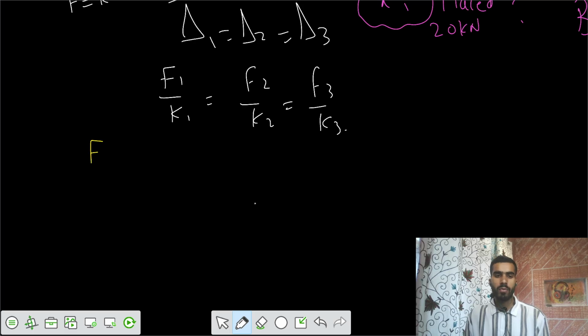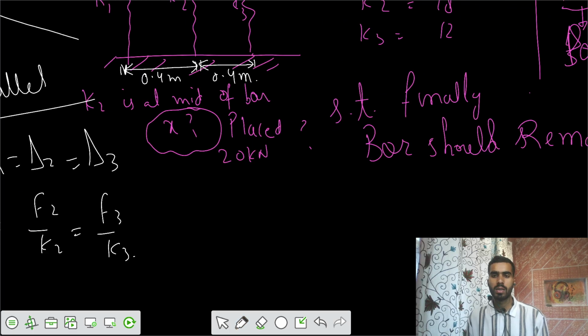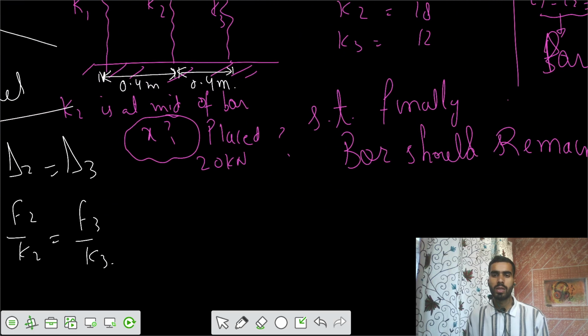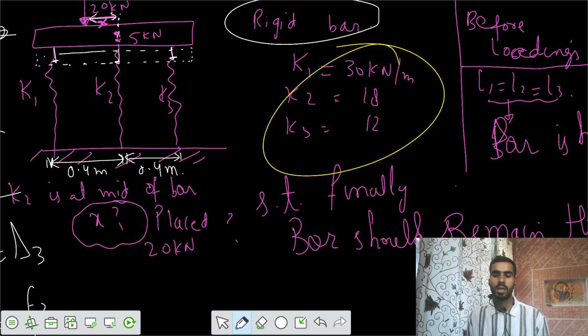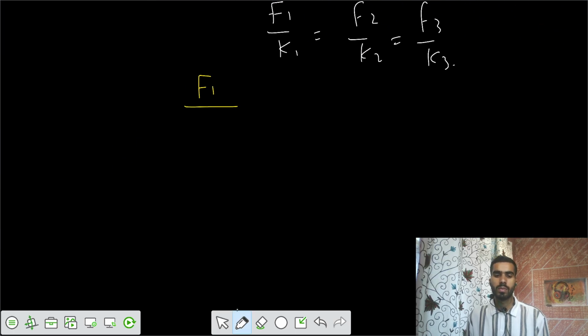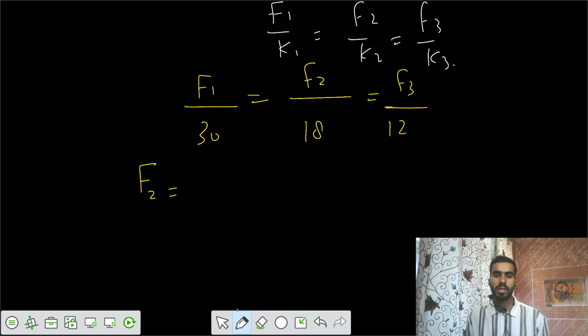Now we can get the relation. F1 by K1, F2 by K2, F3 by K3, with stiffnesses 30, 18, 12. So I can get that F2 is a function of F1: 18 by 30, that is 0.6 F1, and F3 is 12 by 30, that's 0.4 F1.